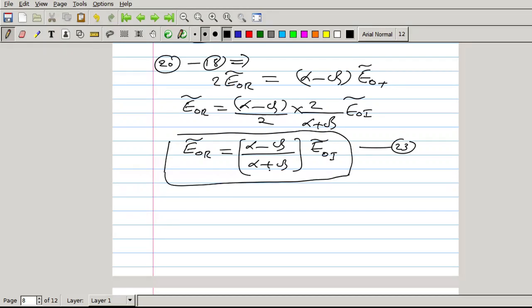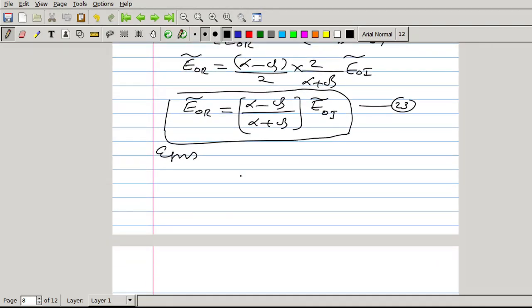The reflected and transmitted wave amplitudes depend on alpha and beta values. These equations, 22 and 23, are called Fresnel's equations.